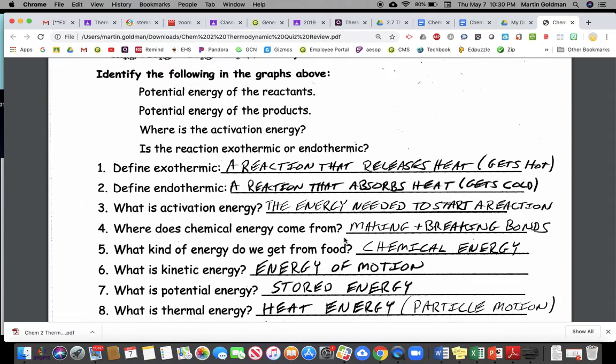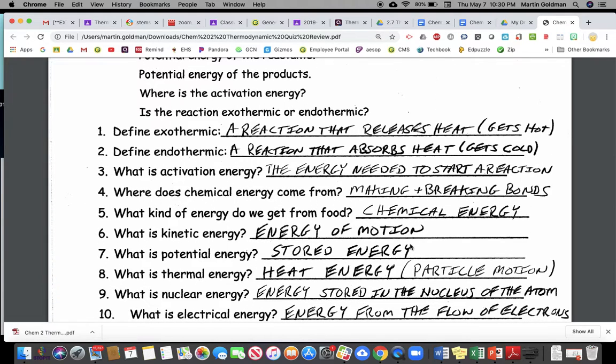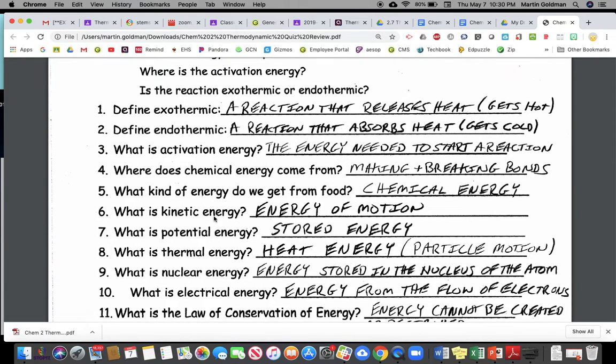Okay, so where does chemical energy come from? Well, if you looked at the PowerPoint, it's from making and breaking bonds. So that's where the chemical energy comes from. Now, let's talk about the different types of energy. What type of energy do we get from our food? Yum, yum, yum.